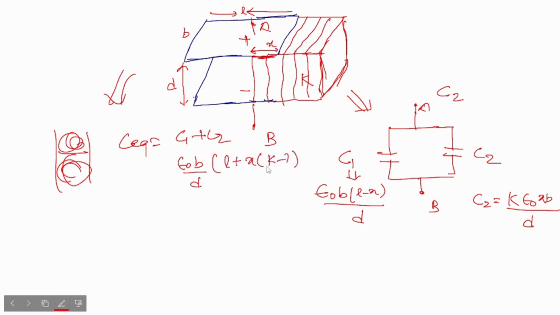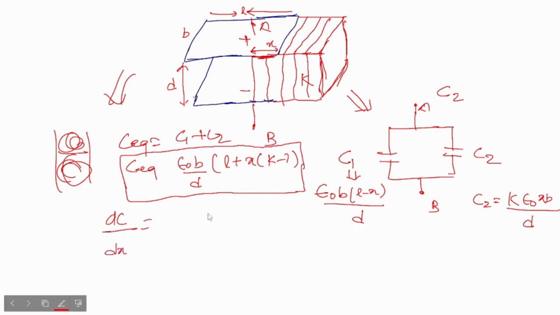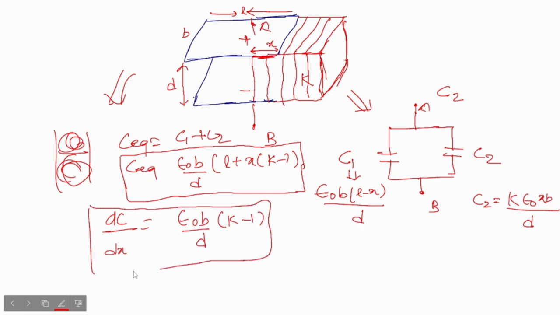This is the equivalent capacitance of a capacitor partially filled with a dielectric of constant k. You can also find dC by dx, which is a very important result that we will be using in solving numericals. dC by dx will be epsilon naught b upon d into (k minus 1).